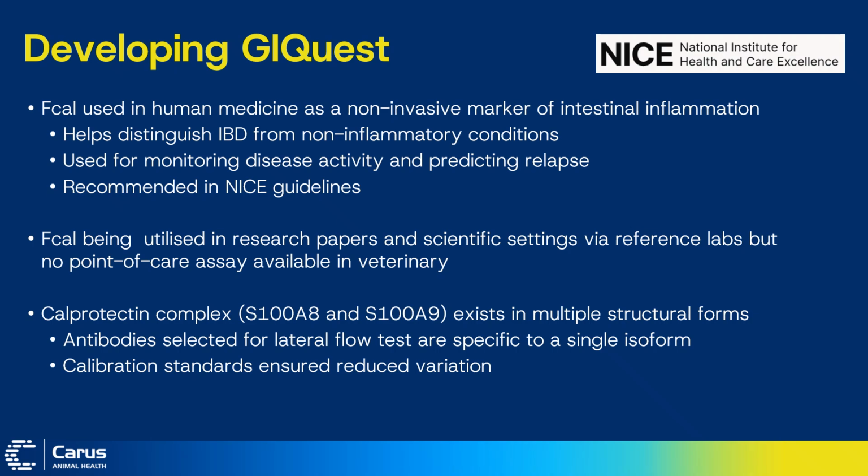In order to do this and create the lateral flow test, our researchers used canine DNA sequences that encode calprotectin and created recombinant, so lab-grown, versions of those proteins. Those are then used to make antibodies that recognize specifically this canine calprotectin, and this approach reduces the cross-reactivity with other more distant species.